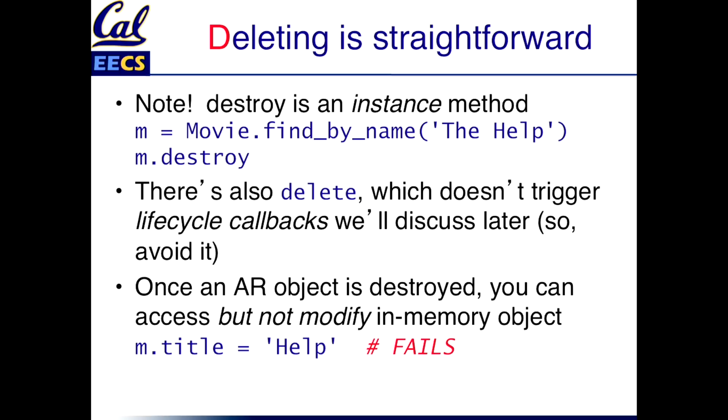As it turns out, this will fail, because once you've destroyed an object from the database, Rails will change the way the title setter works to basically say, no, sorry, you can't do that. You might think the setters still work, but they'll actually raise exceptions. The object will have been frozen. This works because all access to the internal state of an object is through these getters and setters, and we can modify at runtime how they behave. It's another example of how a language feature is used in support of an abstraction.